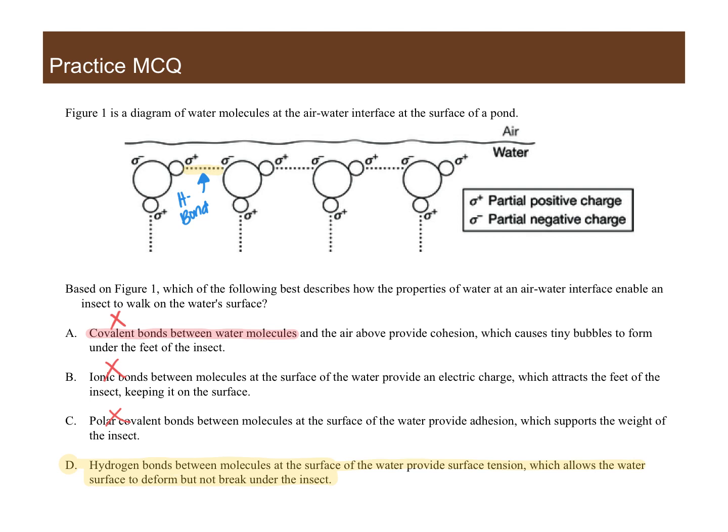So if we were looking at figure 1, the polar covalent bonds would be here, not in this part right here. These are hydrogen bonds. So I don't even need to finish reading the rest of that statement. This is already false within the first 5 words. So that's how not only do I know that D is the correct answer, but I've gone through and proven that the rest of them are incorrect.